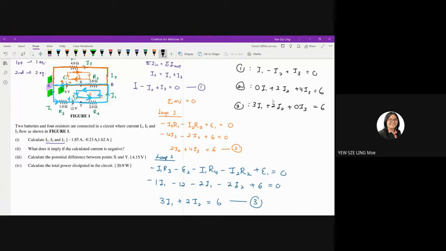So these are the equations that I have. Now I want you to key in these values in your calculator and see whether you can get this set of answers or not.